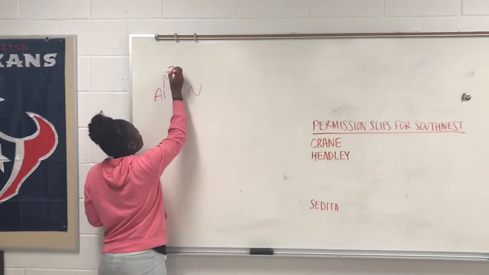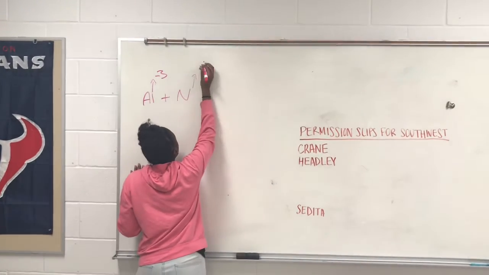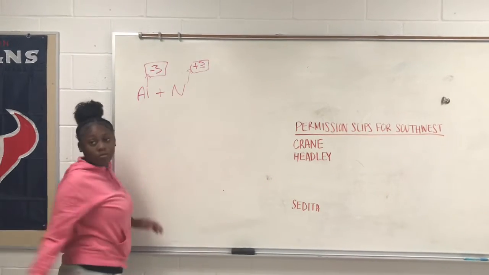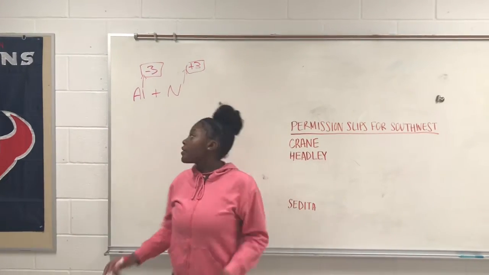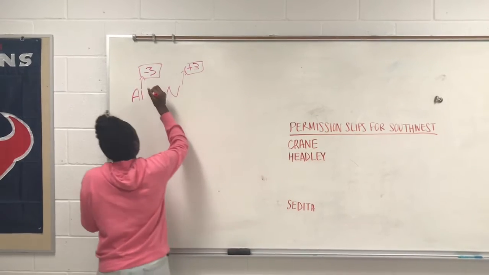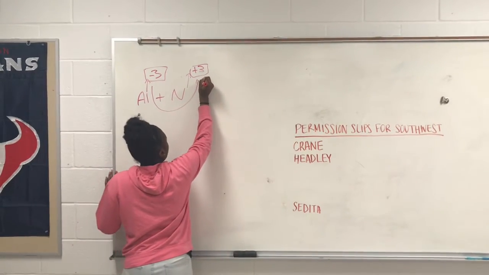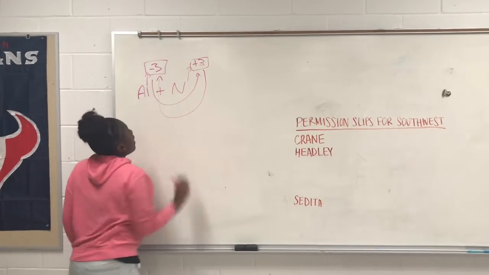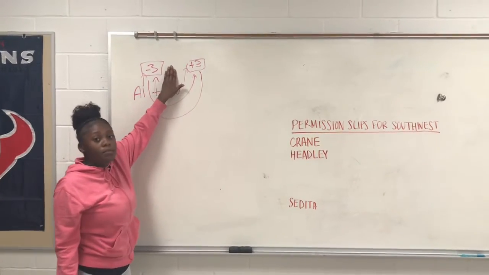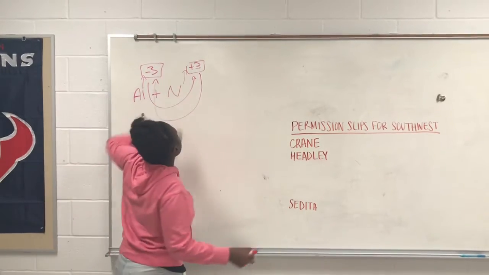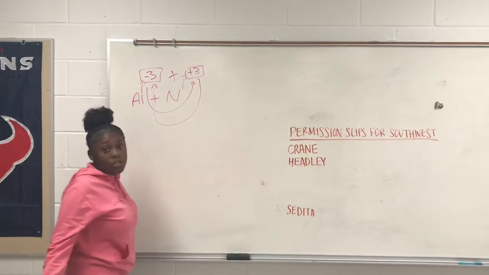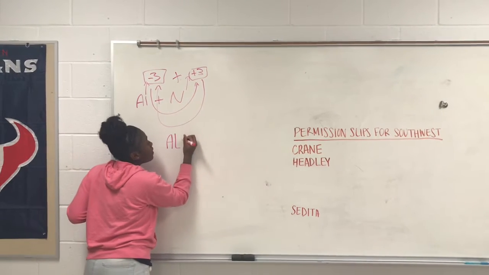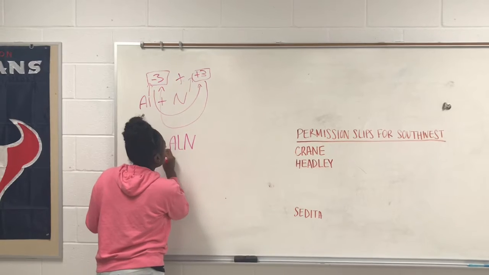Aluminum has a charge of +3, and nitrogen would be -3 due to where it lands on the periodic table. So when you do Al and N, you're going to want to cross it over. The +3 and -3 cancel together, so you don't have to add the charge, and you would just write Al and N.